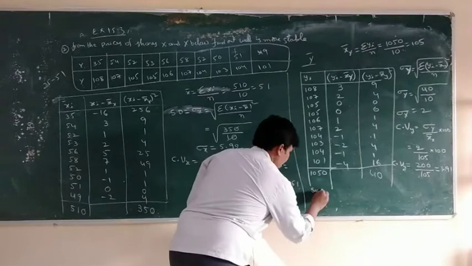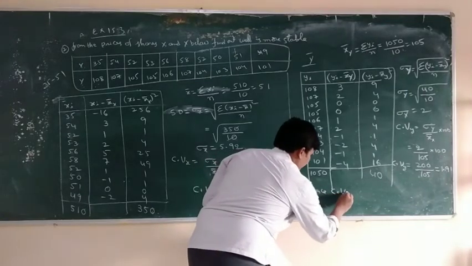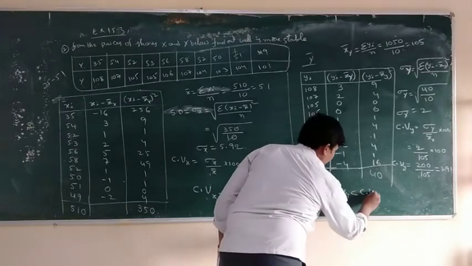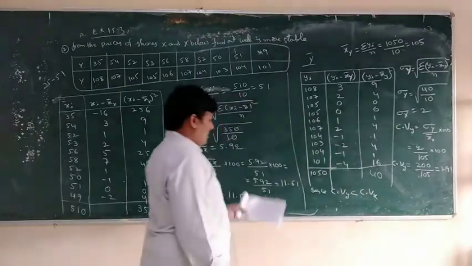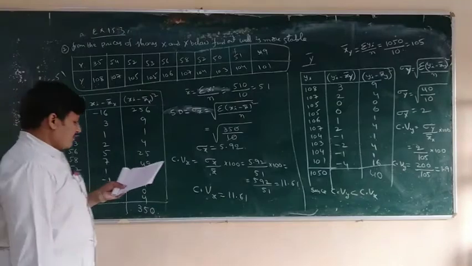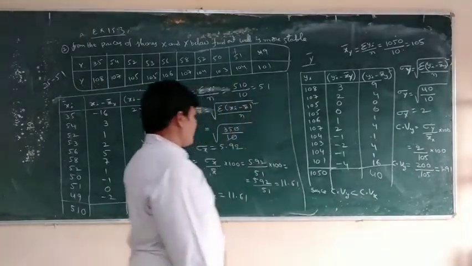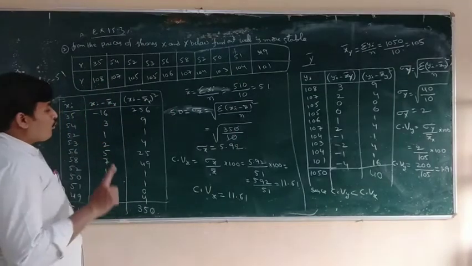Since the coefficient of variance of y is less than that of x, the prices of shares y are more stable. Which one is more variable? A greater value means more variable.